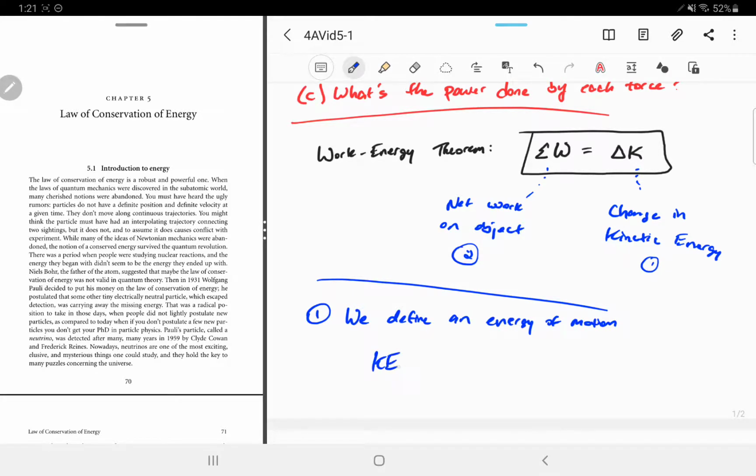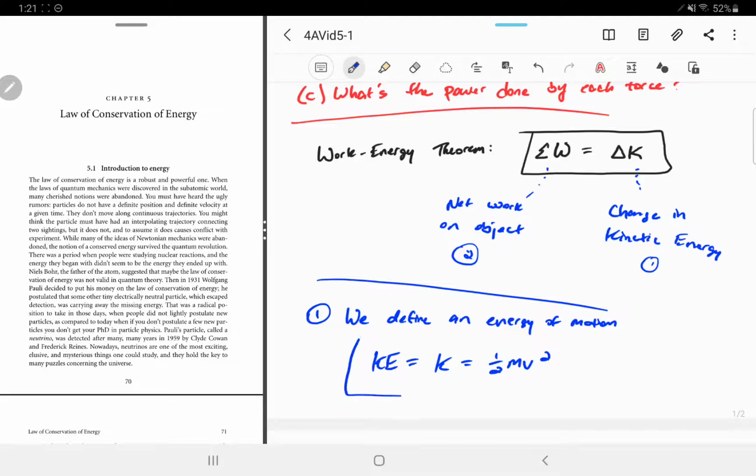So kinetic energy, you might see it written as KE, you might see it as just K. It's 1/2 mv squared. Okay, so the 1/2 is kind of mysterious, and it doesn't really make sense why that might appear. It appears so that this equation could be true, so that work energy theorem could be true. But that's also going to depend on the definition for W.